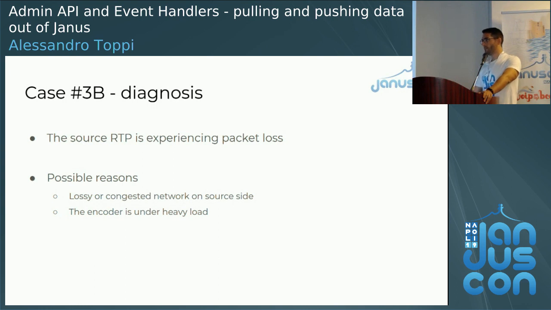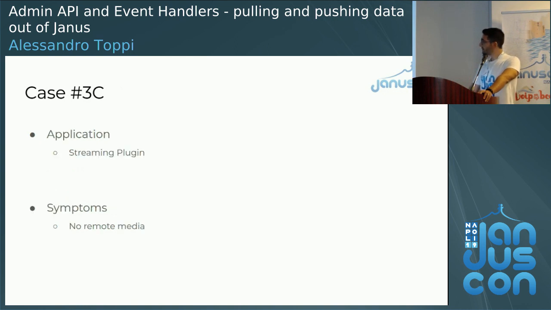We have analyzed it with the post-processing tool or the mjr2pcap tool, and we have concluded that there is packet loss in the RTP source. Possible reasons for this are a lossy or congested network on the source side, or maybe the encoder is under heavy load, so it's just dropping some packets. And we can mark this as solved.